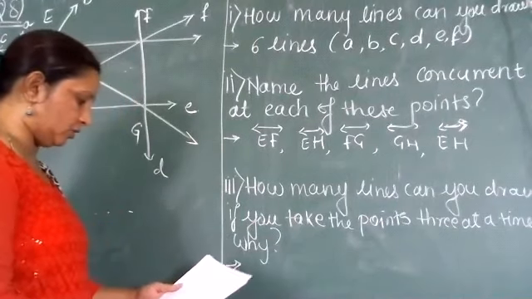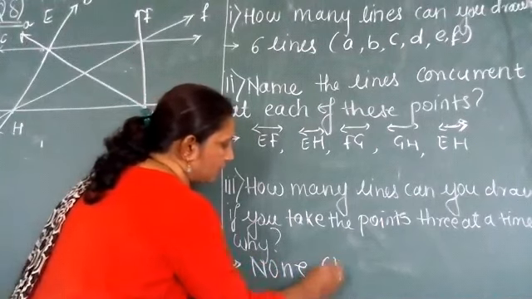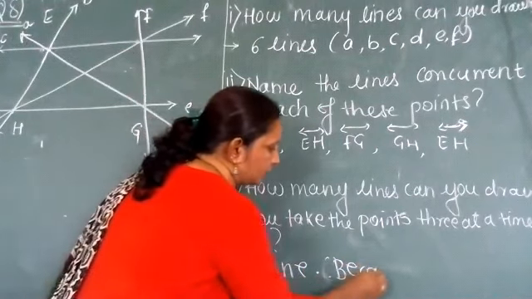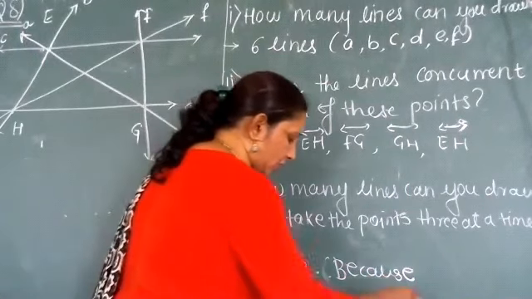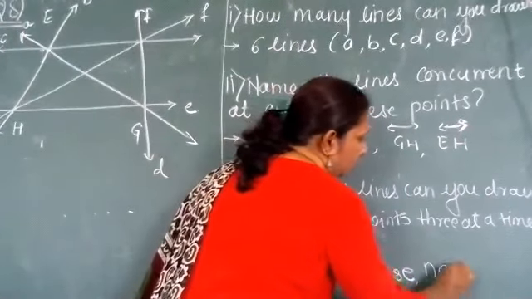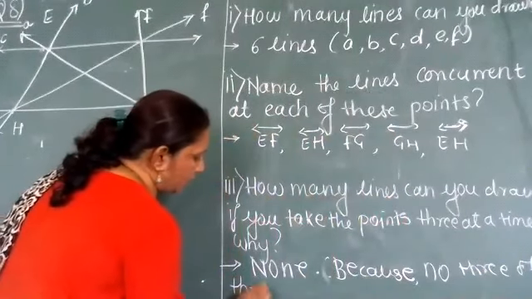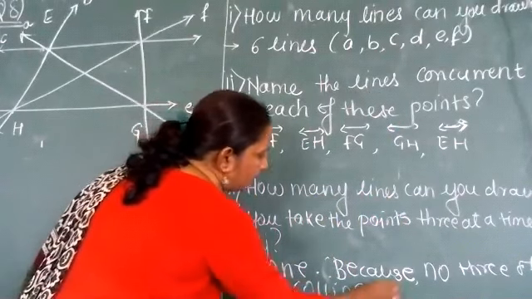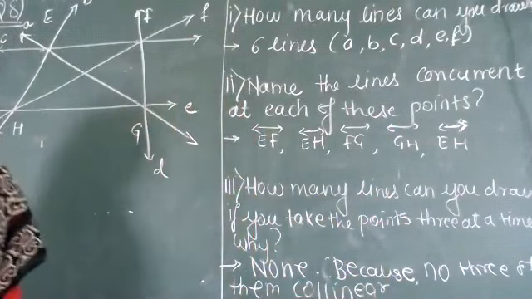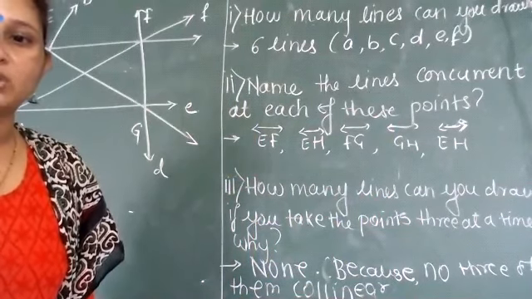So my answer over here is none, because no 3 of them are collinear. So is this concept regarding the collinear points and lines clear? Okay, let's move to the next question now.